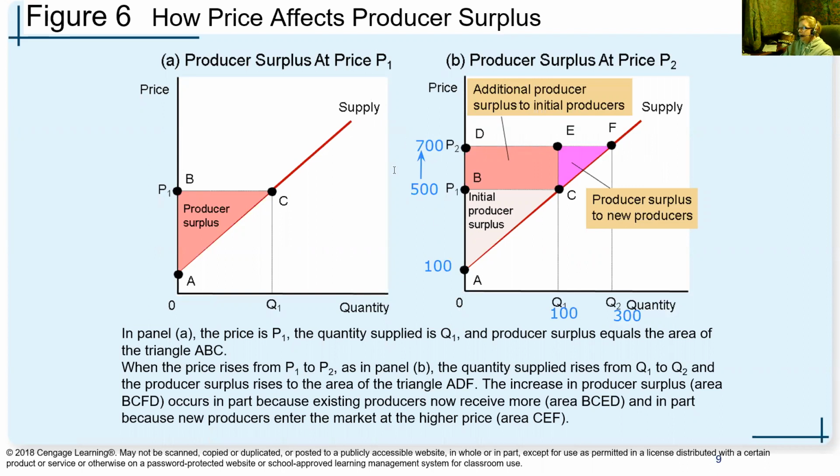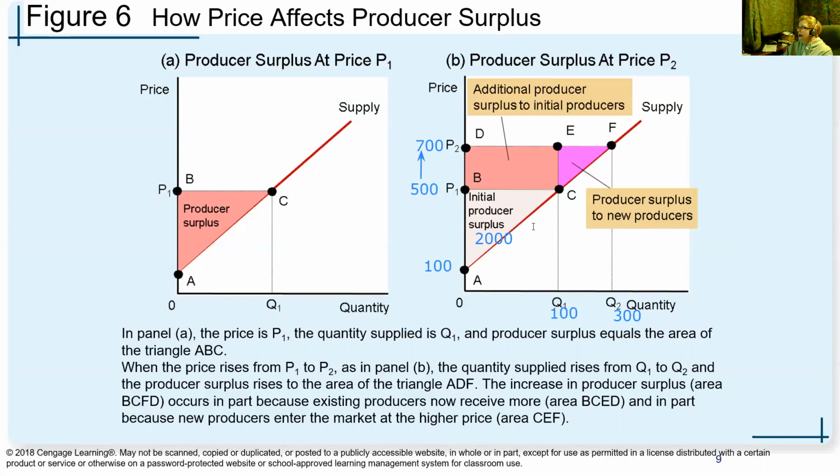We've already calculated this initial producer surplus, and remember that initial producer surplus was equal to 2,000. Okay, so that remains the same. But as the price increased, we have those initial producers, those people that were producing it at a price of 500, they're now getting $700 for that.